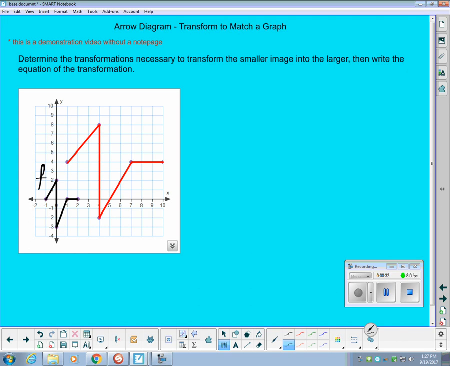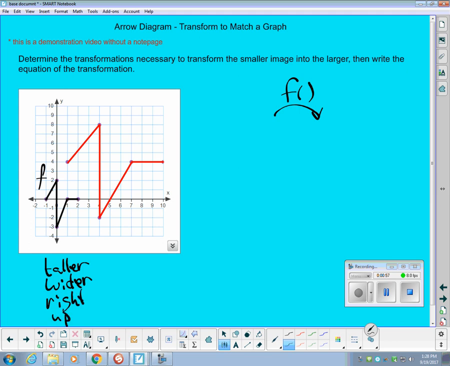So to begin with, we know that we're going to be making transformations to f on this, and f has some points that we'll put in there in a second, but we want to look generally here. It looks like that we need to get taller, and we need to get wider, and we need to move to the right, and we need to move up.